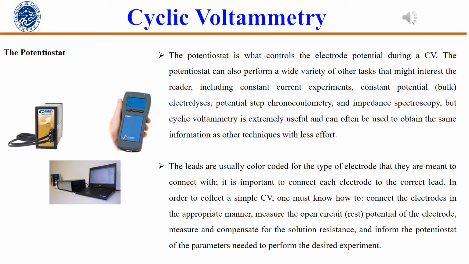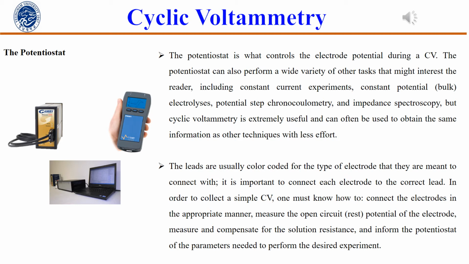So we need to know the exact connections of the instrument. In order to collect a simple CV, one must know how to connect the electrodes in the appropriate manner.